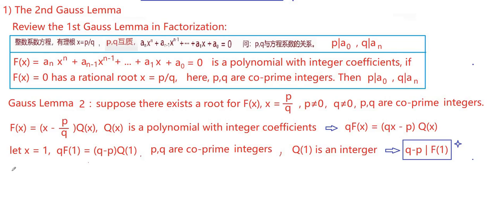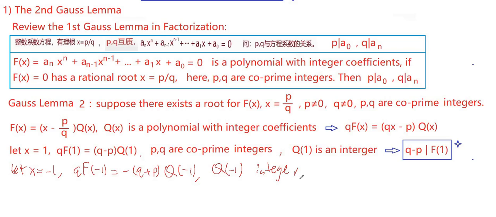Same way, if we let x equal to minus 1, then q f(minus 1) equal to (minus q plus p) g(minus 1). We notice g(minus 1) must be an integer, and p and q are coprime, so we get the conclusion p plus q divides f(minus 1).